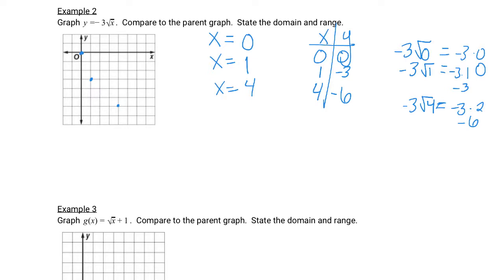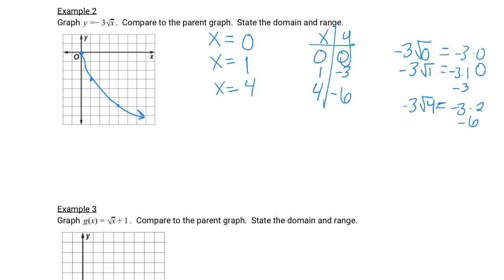All right, let's graph what we've got. Let's smooth line it out there. And that's what our graph should look like. A little bit more exaggerated, a less steep curve, right? It's longer than it is smaller.